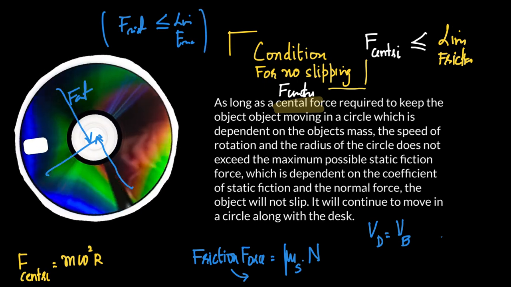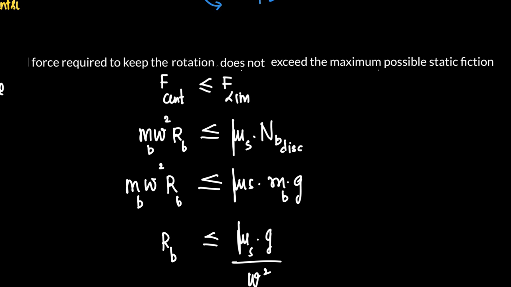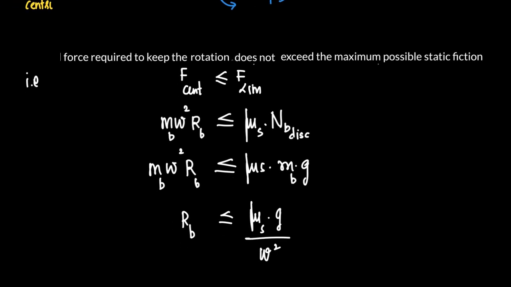Okay, so we can say that the centripetal force required to keep the rotation does not exceed the maximum possible static friction. Now, what is the maximum possible static friction? Friction limiting. Therefore, F centripetal is less than or equal to friction limiting.